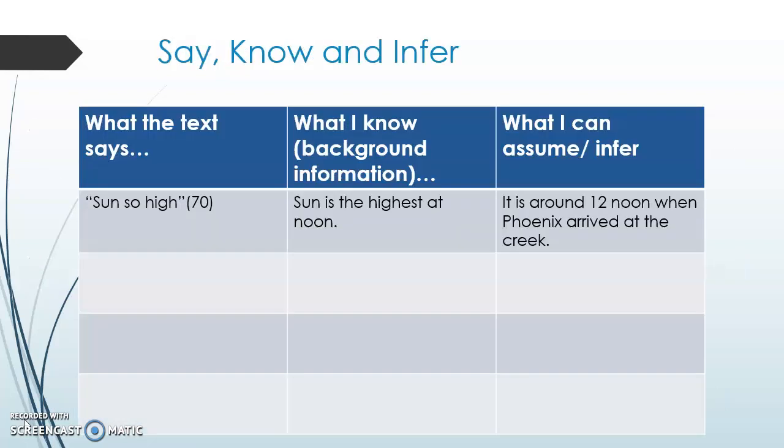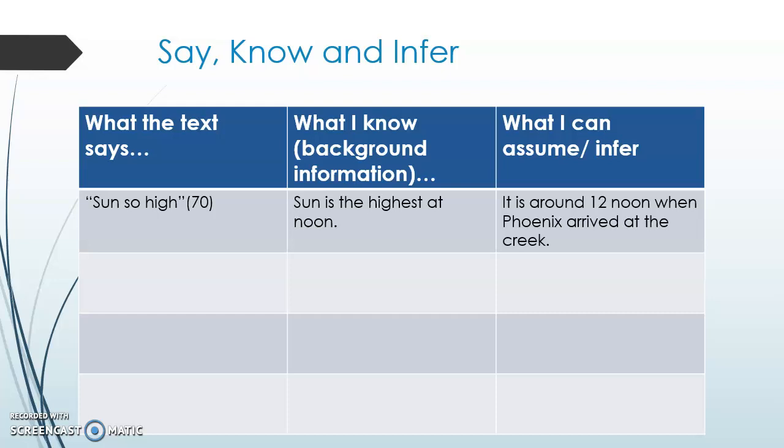All right. So in class this week, what we're going to do is we're going to use say, know, and infer. It's a 3-column task. What I did, I took just a piece from our text that we're reading, and we say the sun's so high. That is what the text says. Now, what do we know about the sun being high? Well, the sun is at its highest point at noon.